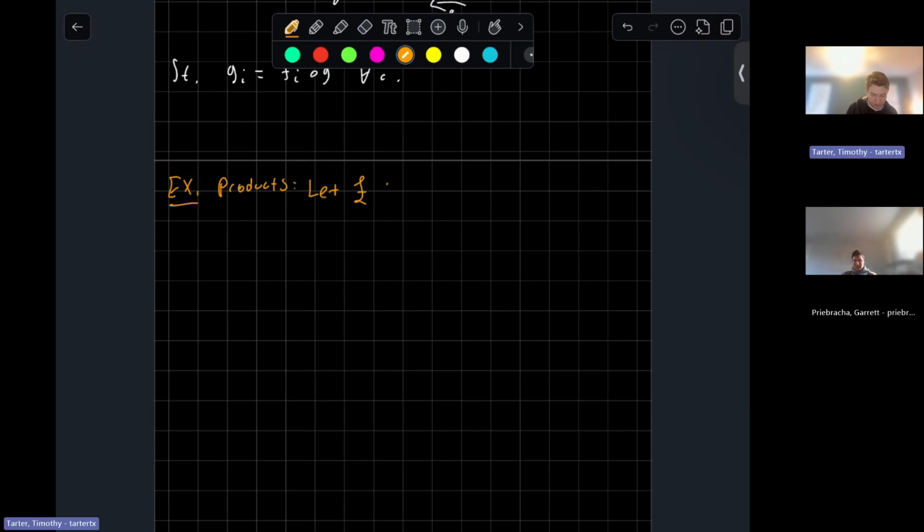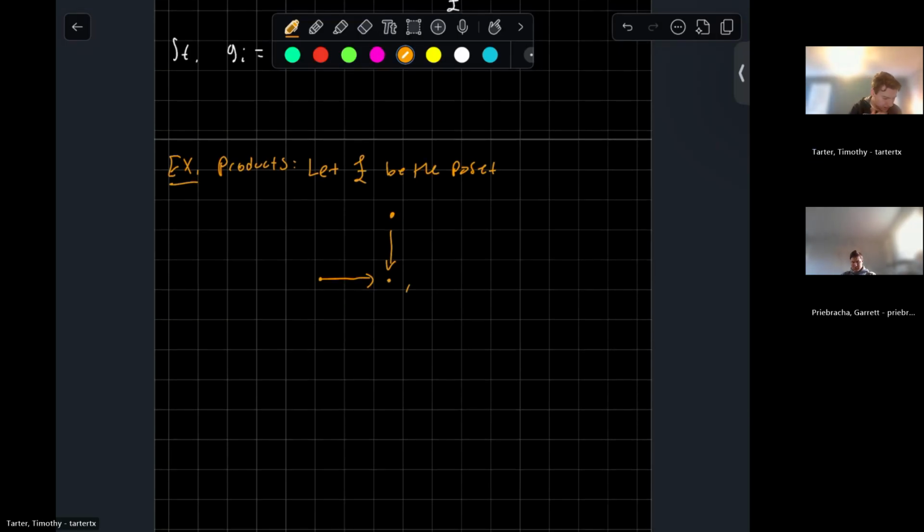Let script F be the poset which is the arrow reversing of products, then we obtain the fiber product.